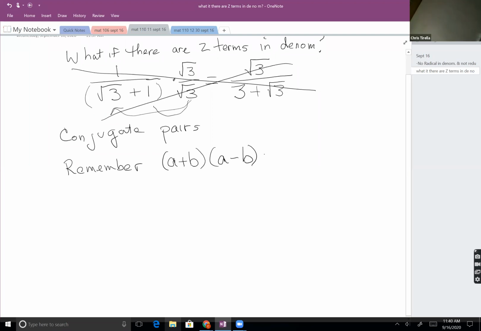Not quite. Does anybody remember that that gives you A squared minus B squared, when you have the product of the sum and difference? If we were to FOIL, first is A squared, outer is minus AB, inner is plus AB, last is minus B squared. The middle terms cancel each other out, and it gives me the difference of squares.